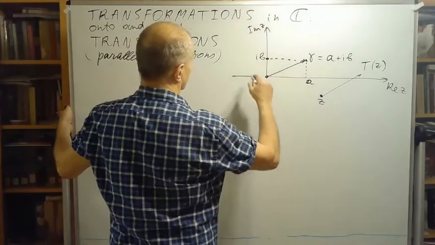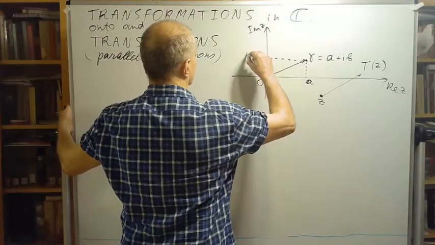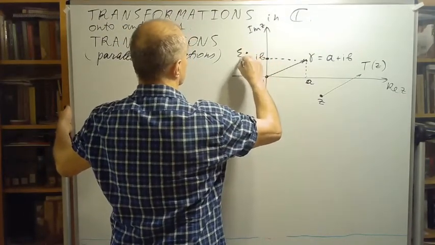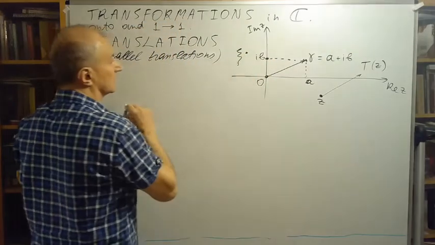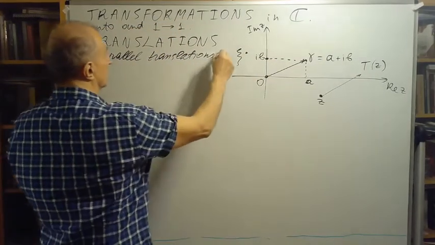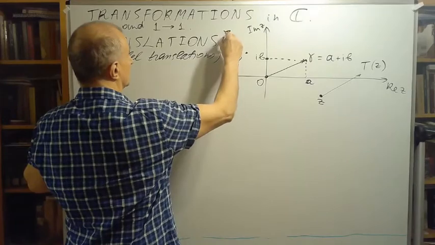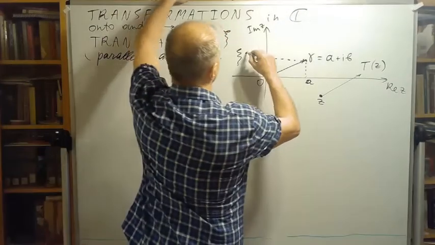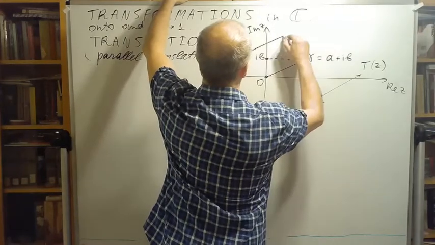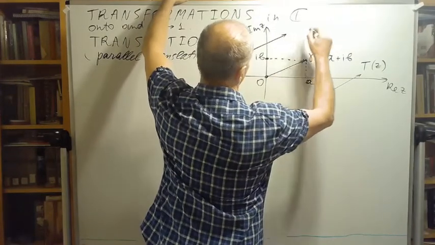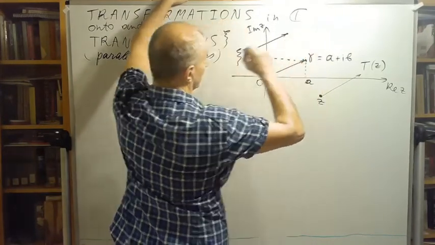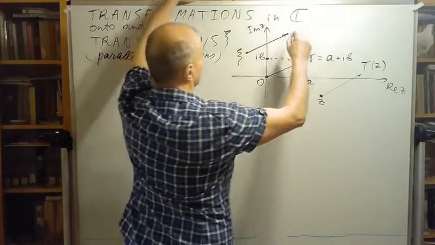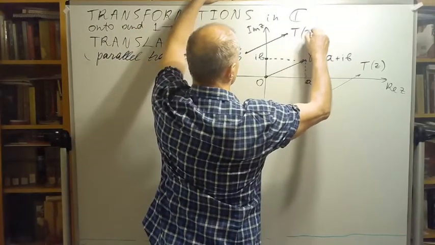If this point is xi, a Greek letter xi, it's very easy to write: you write a little loop and then the long tail. It will be translated into this point, which will be t of xi.